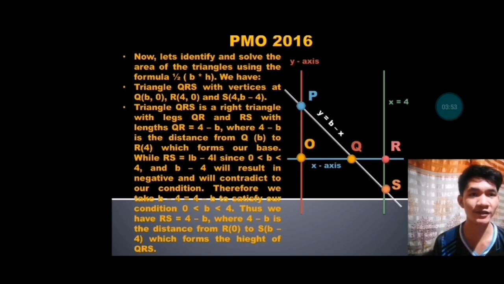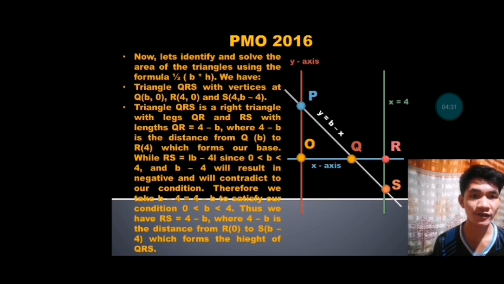Triangle QRS is a right triangle with legs QR and RS, with lengths QR equal to 4 minus B, where 4 minus B is the distance from Q, which is B, to R, which is 4, which forms our base, while RS is equal to the absolute value of B minus 4, since B is greater than 0 and less than 4.